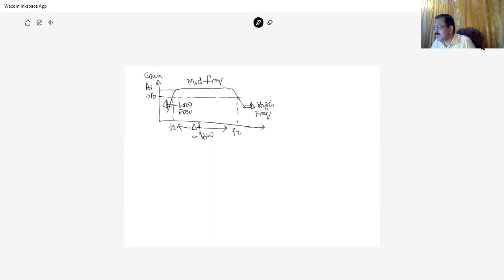Now the interesting case is the inter-electrode stray capacitors. The stray capacitor in the transistor. We take the block diagram. The block diagram is something like this.